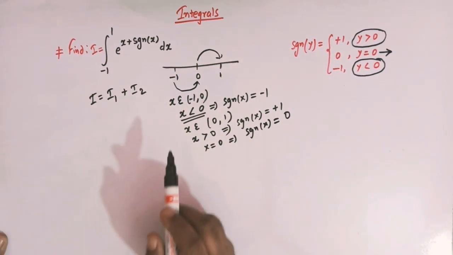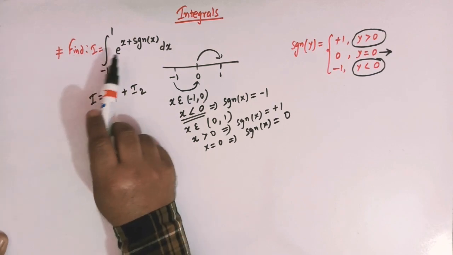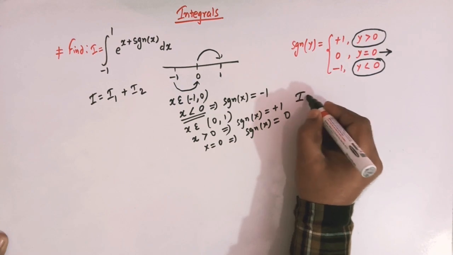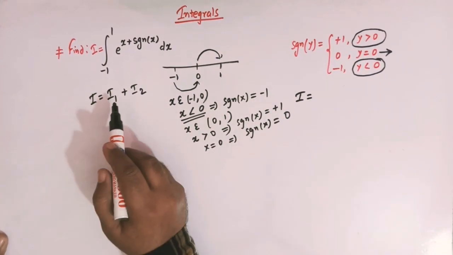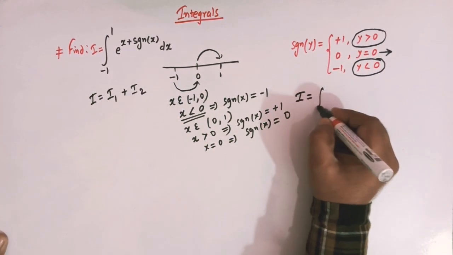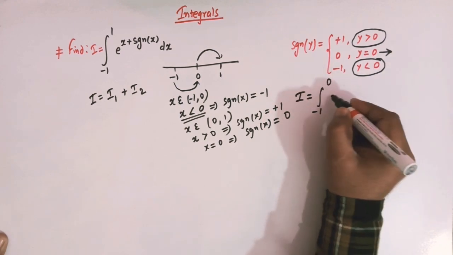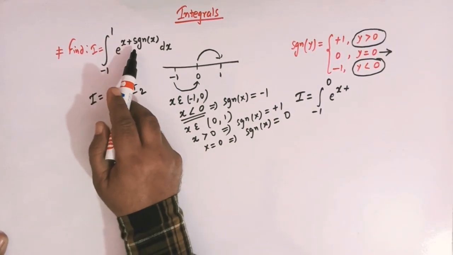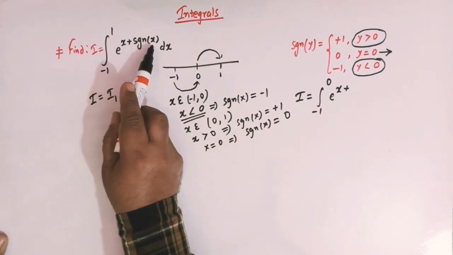Now we will write this integral as a sum of two integrals. So we can write I is equal to I1, which is from -1 to 0, of e raised to x plus signum of x.